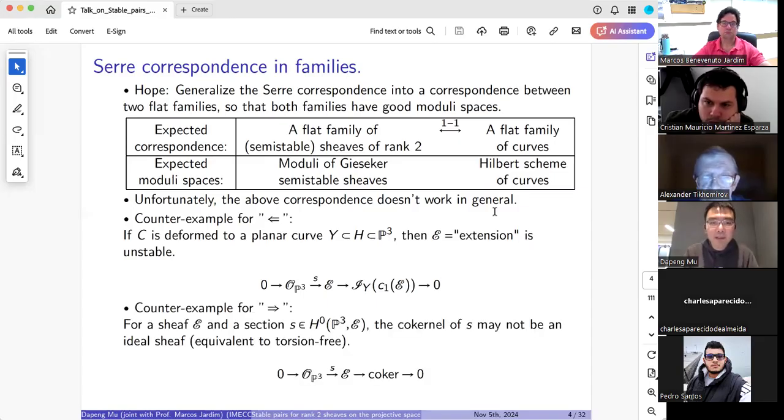On the other side, from the sheaf side to the curve side, we start from a rank 2 sheaf with a section, but this pair doesn't always correspond to a curve. Meaning, in the short exact sequence, the co-kernel of the section may not be the ideal sheaf of some curve, as it can contain some torsion. So in general, this correspondence doesn't work directly.